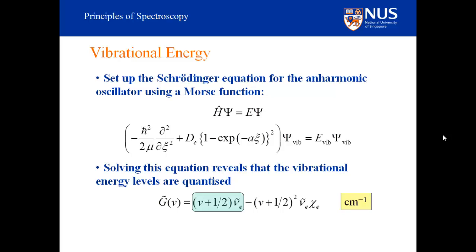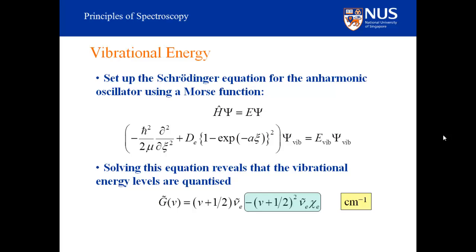Remember that for the harmonic oscillator we got this term here, just the first term. What the Morse potential brings in is this second term. Notice that this one goes as v plus 1/2 squared. So the first term goes as v plus 1/2 and the second term goes as v plus 1/2 squared.